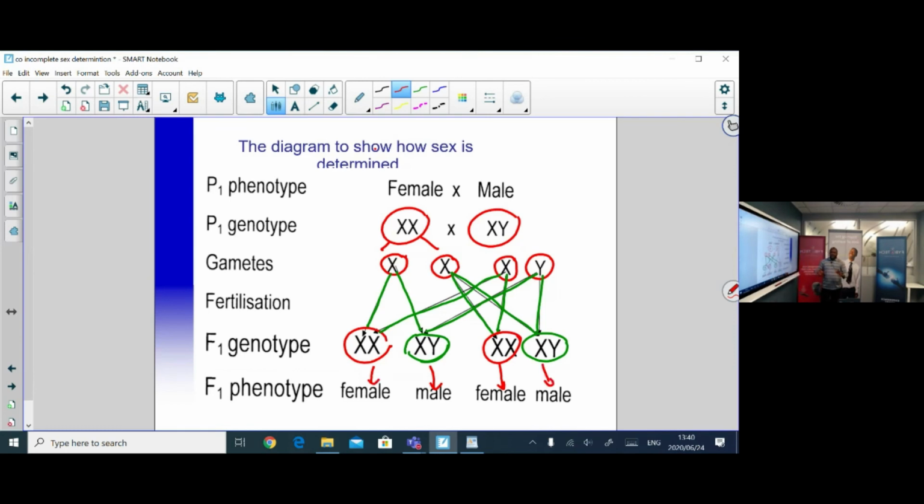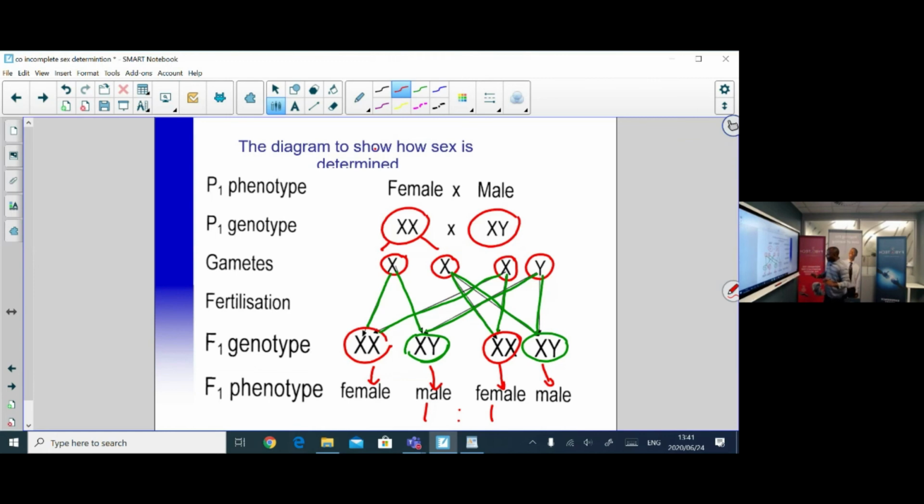So all things being equal, the chance of getting a female or a male is, which I said, mathematically 1:1.